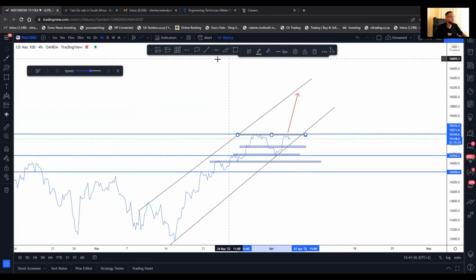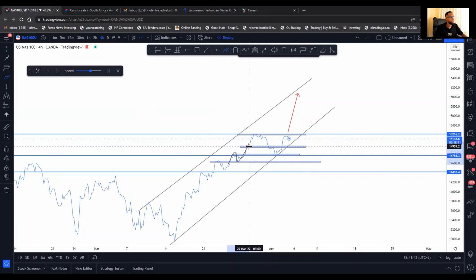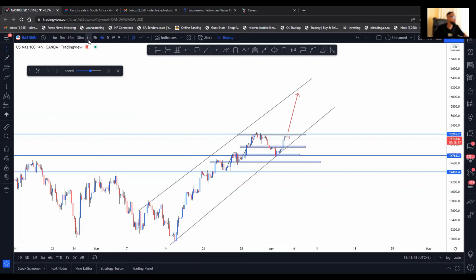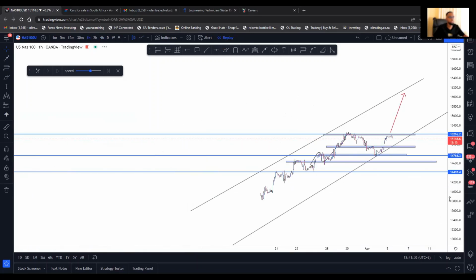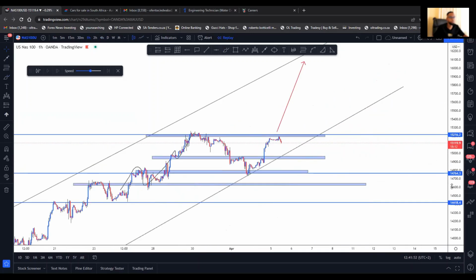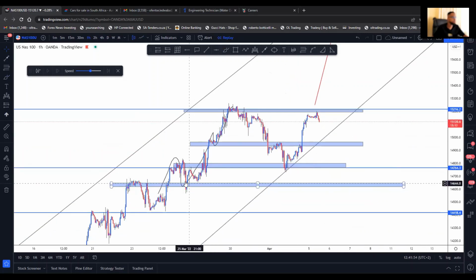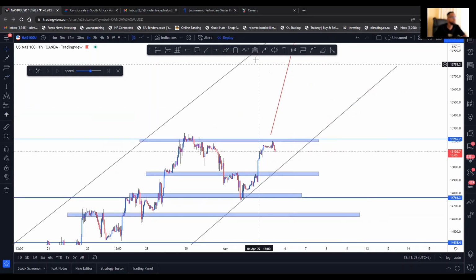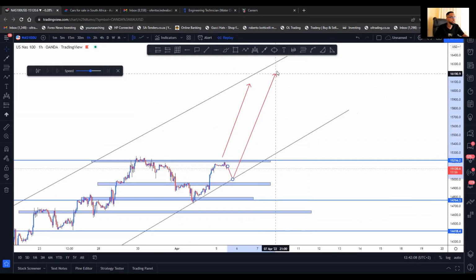Just as it happened here, it went up, down, and they broke it, retested, pushed. Let me do it with a candle so that you can see. Okay, 1 hour. So what I'm seeing now is a move to the downside to come back here before it can push to the upside.